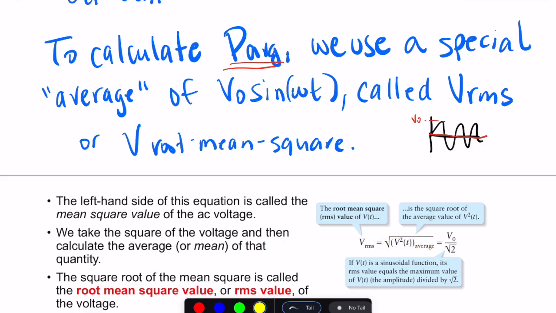What you end up getting is the original amplitude of that sine function divided by the square root of 2. So this is how you can relate the root mean square average to the amplitude of the sine function, which is V naught. It's just related by the square root of 2.